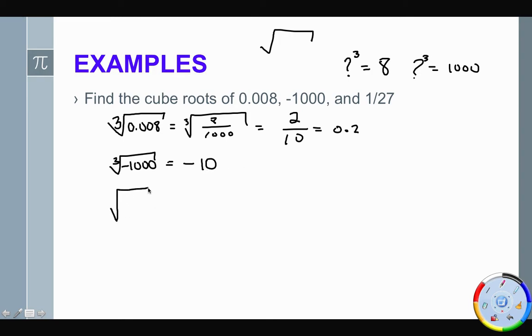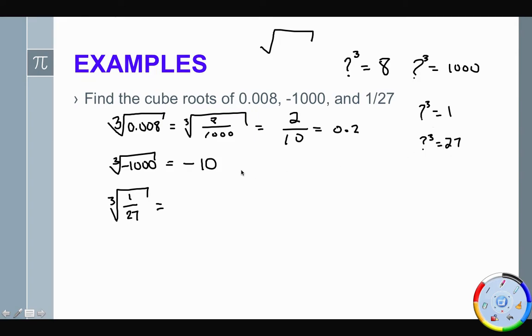And the last one here is a fraction. And so again, we're looking for what number to the third power is 1, and what number to the third power is 27.